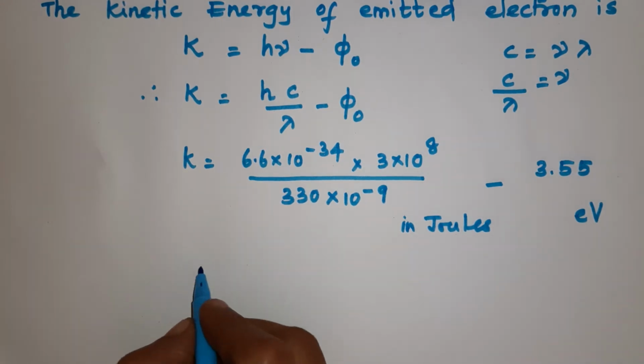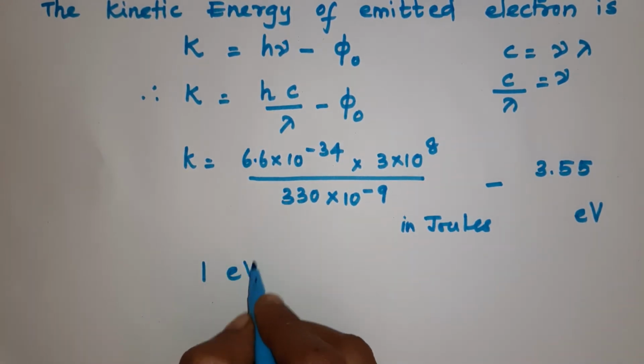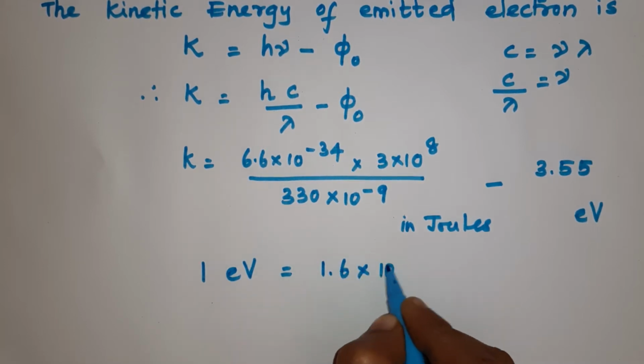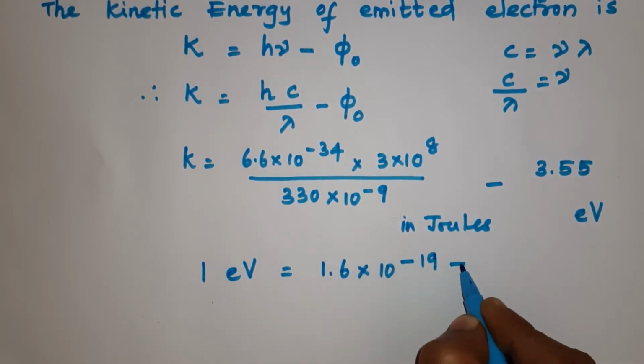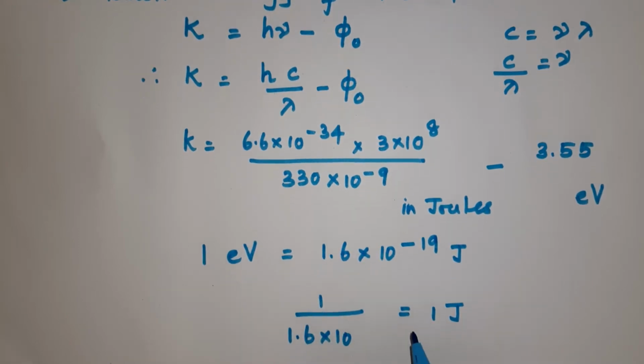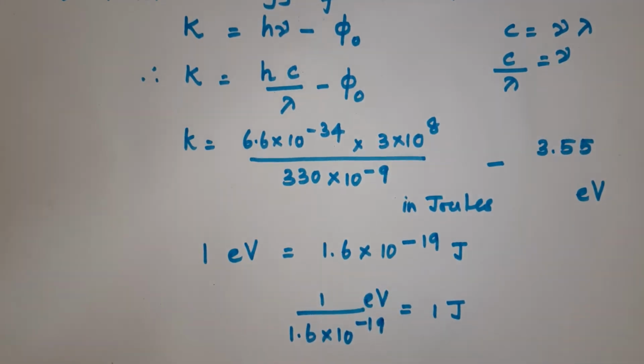We know that 1 electron volt is equal to 1.6 into 10 power of minus 19 joules. Therefore 1 joule is equal to 1 divided by 1.6 into 10 power of minus 19 electron volt.